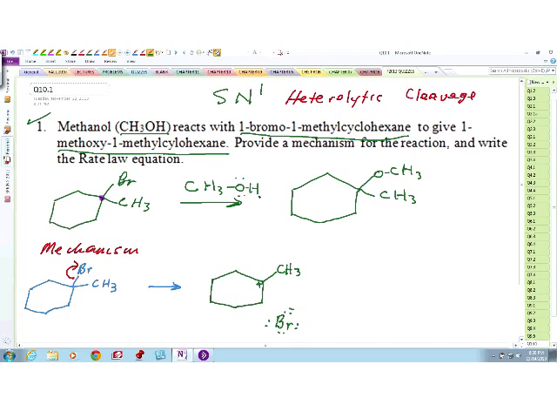So at this point, now the nucleophile, the methanol, acting as a nucleophile, comes in.